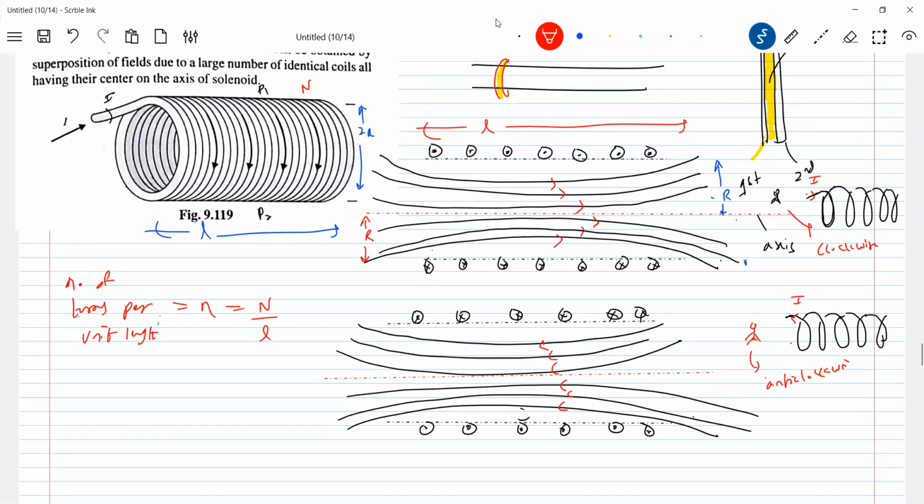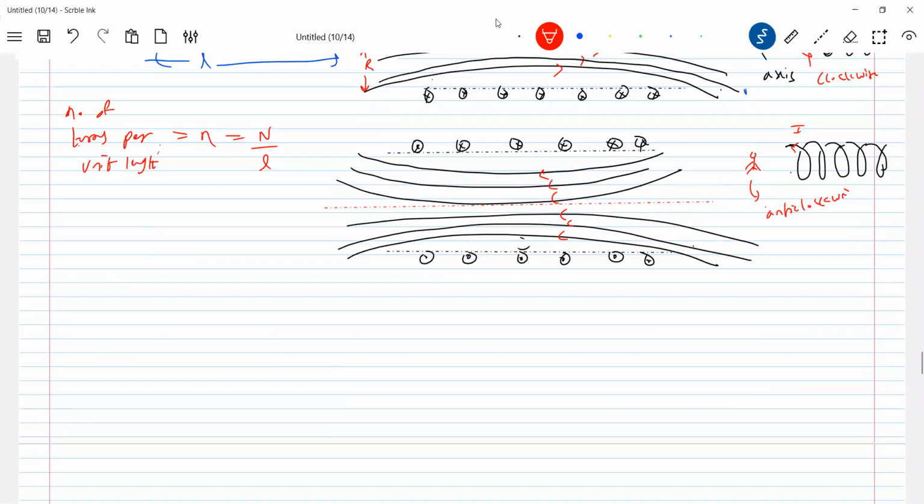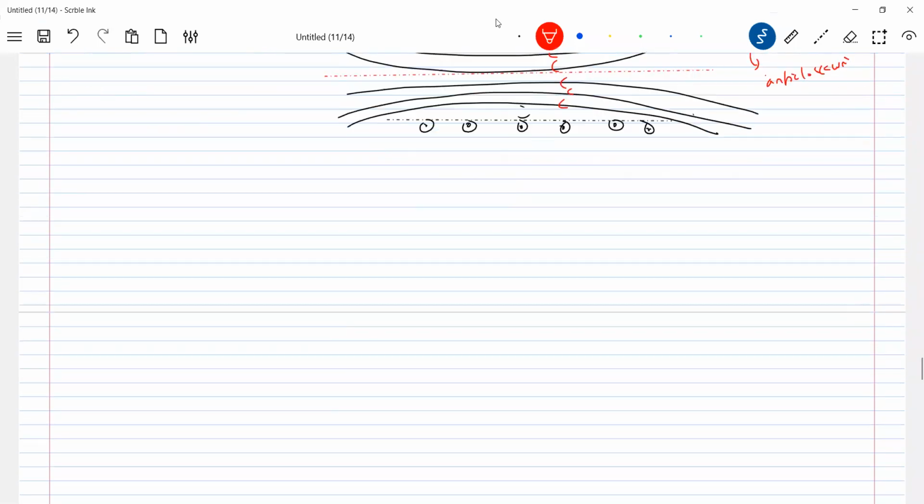Total number of turns divided by the length of the solenoid. Length of the solenoid means not the length of the wire used to make the solenoid, but the physical length, the length of the cylinder. A solenoid is more powerful if, in a given small length, it has more turns; it produces more field. Let's go for the calculation of the field due to the solenoid.